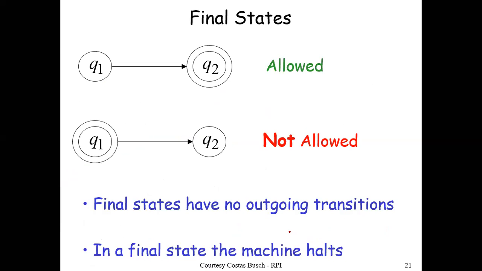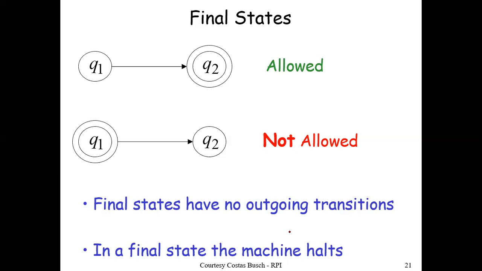Final state. Another interesting thing about the Turing machine is that you can go from non-final to final, but you cannot exit from the final state in the Turing machine. In NFA and DFA, we have designed machines where there are transitions moving out of the final state.